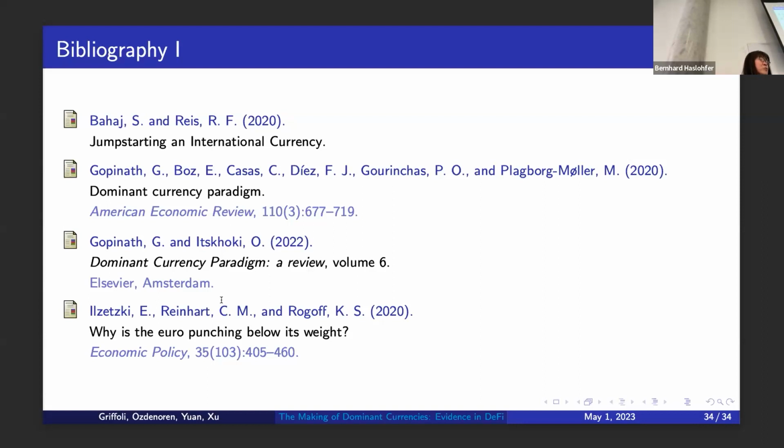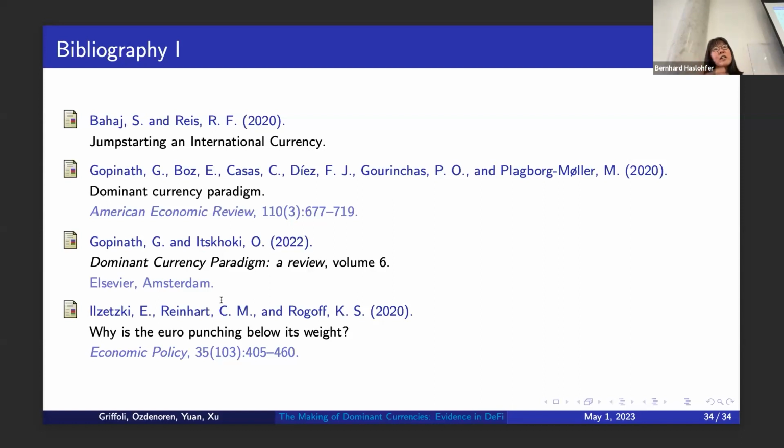Another thing I didn't highlight is that it's not just flight to safety as a phenomenon, but you can see a little bit of flight to quality. Bitcoin, BTC, actually every time there's a bust, Bitcoin dominance increases a bit.